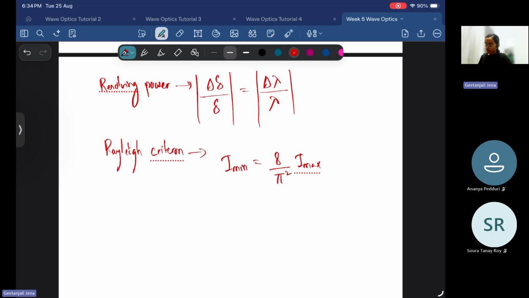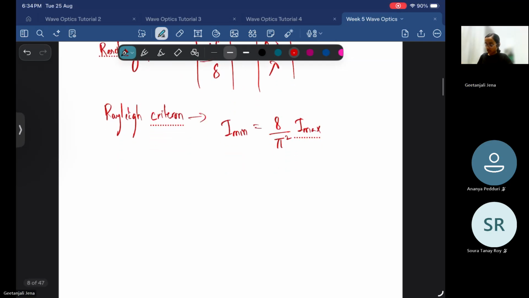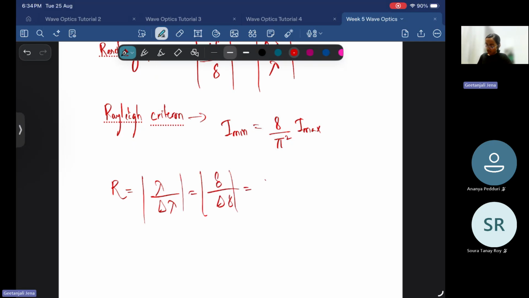Using some calculation, we have calculated the resolving power R, which is lambda over delta lambda or tau over delta tau. It should be 1.515 m root over m.